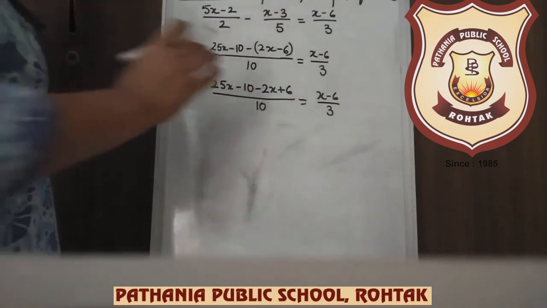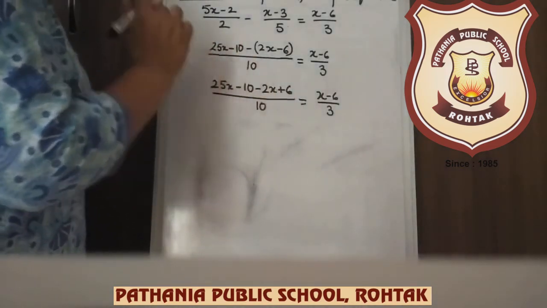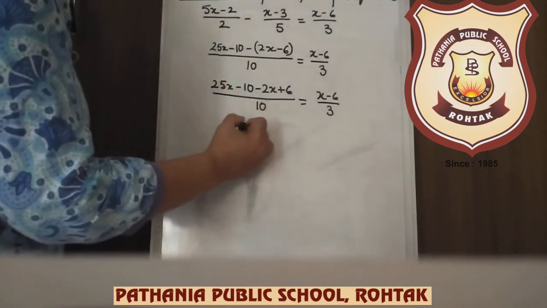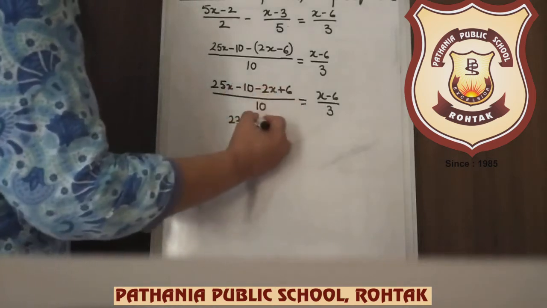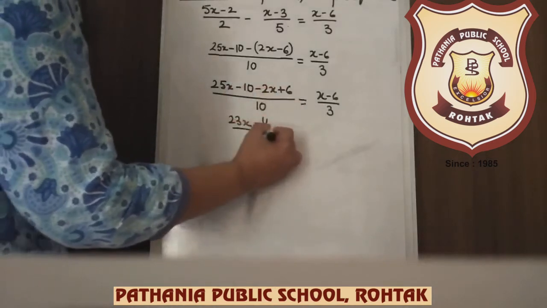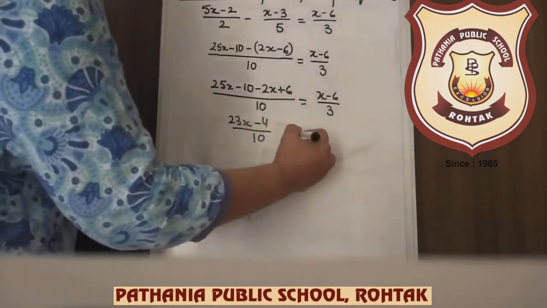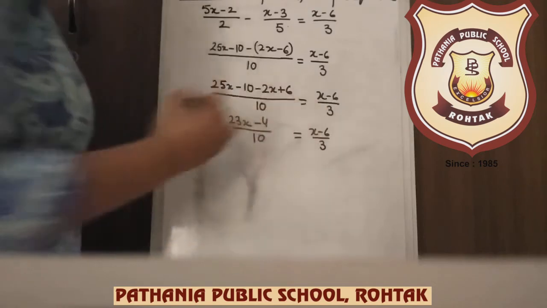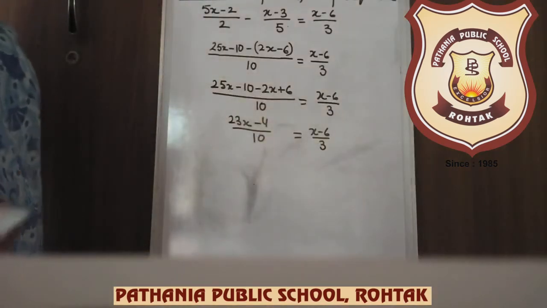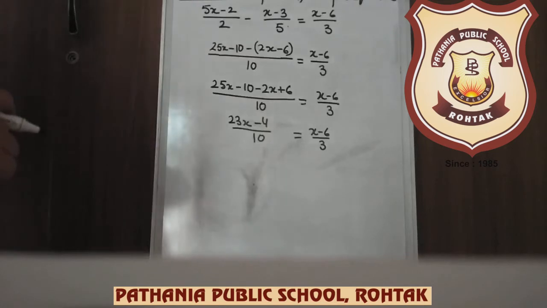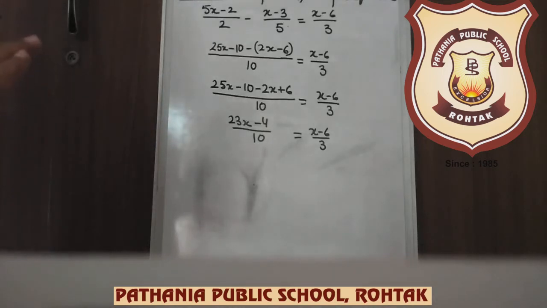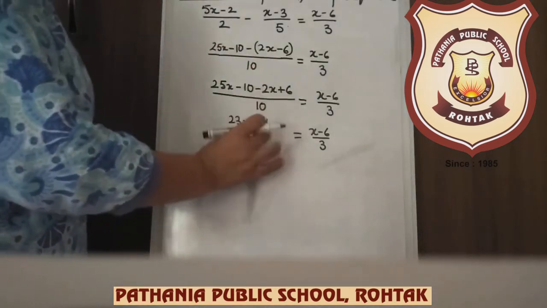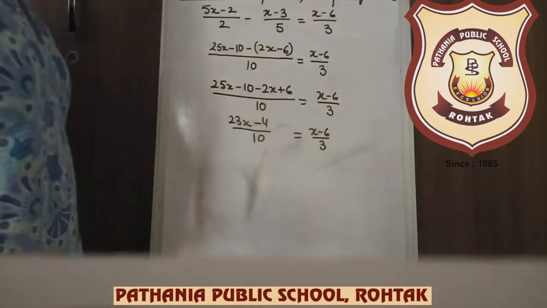Now for the numerator, collect the like terms. 25 minus 2 is 23x, minus 10 plus 6 is minus 4, over 10, and this is equal to (x - 6)/3. Is this clear? Simple? Just collecting the like terms, you have solved the numerator, and the denominators are as they are.